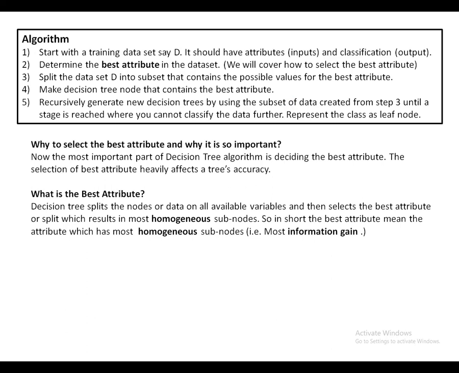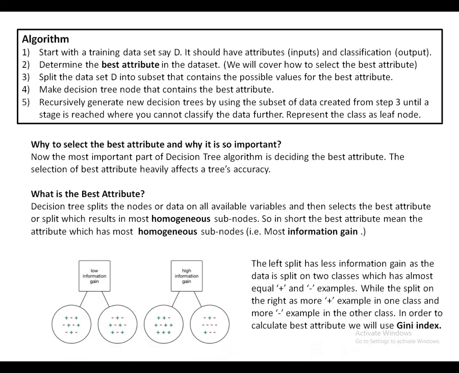The decision tree splits the nodes or data on all variables and then selects the best attribute or split which results in the most homogeneous subnodes. So in short, the best attribute means the attribute which has the most homogeneous subnodes, that is, the most information gain.